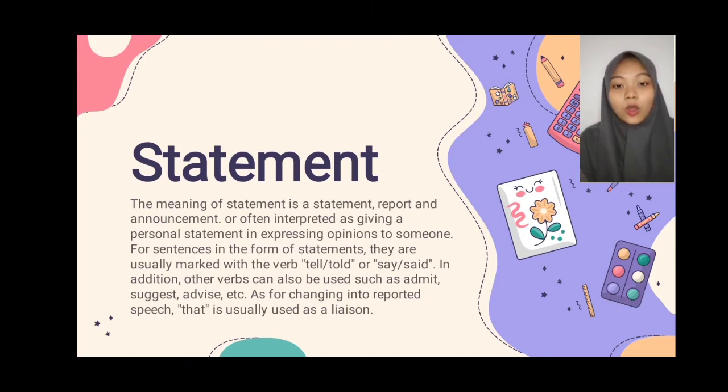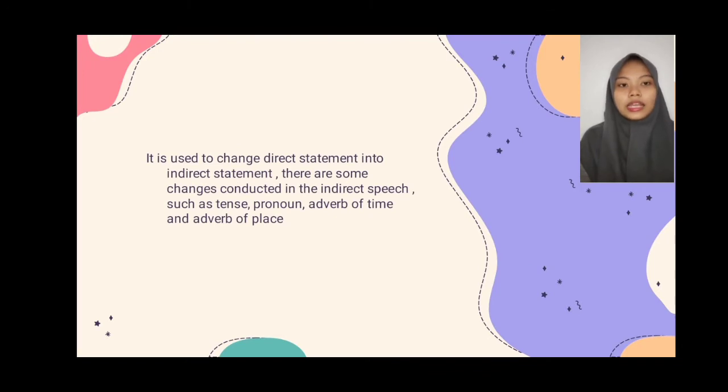In addition, other verbs can also be used such as admit, suggest, advise, etc. It is used to change direct statement into indirect statement. There are some changes conducted in the indirect speech, such as tense, pronoun, adverb of time, and adverb of place.